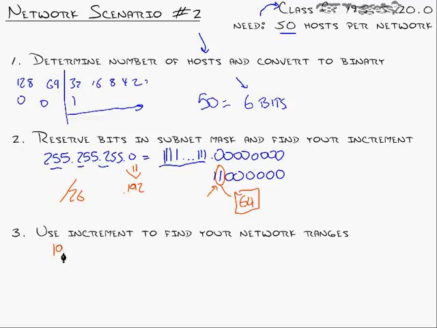So we say 195.5.20.0. Just start adding 64 to the fourth octet because that's where we're at. 195.5.20.64, 195.5.20.128, 195.5.20.192, and if we add 64 to 192, we'll actually get 256.